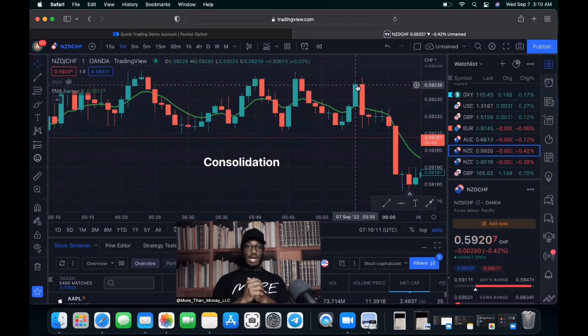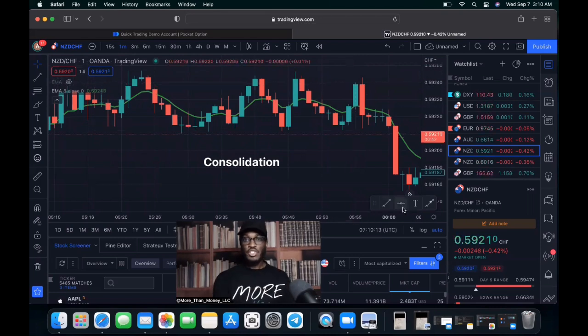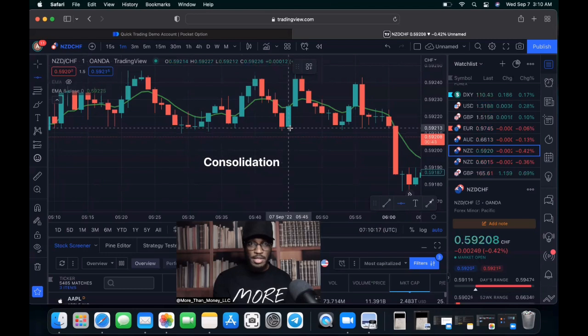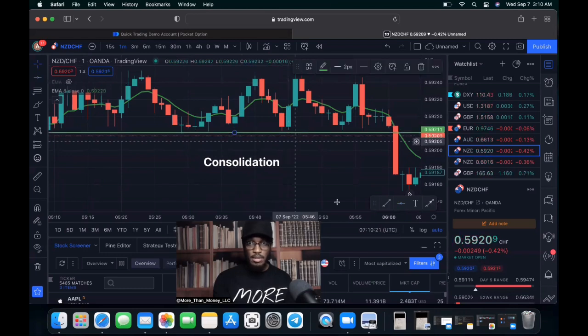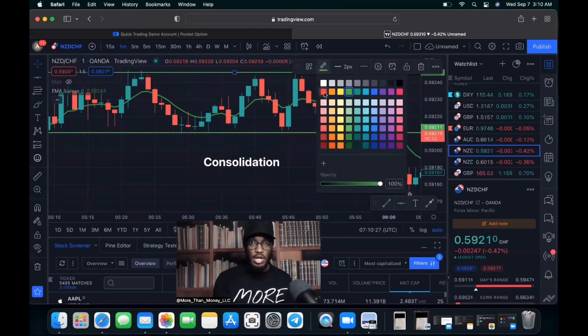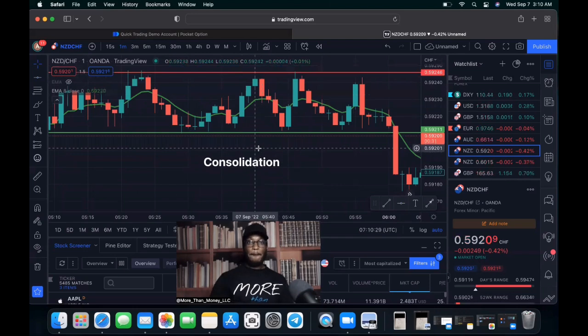Of course that's going to come from our markups. Some people just use basic markups when you're dealing with consolidation. They'll just do one ceiling and one floor. Yeah, y'all know I like the colors.